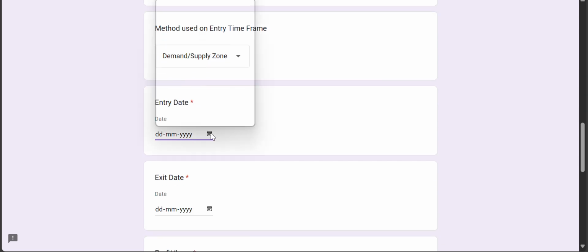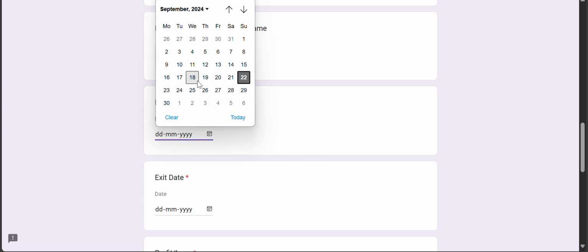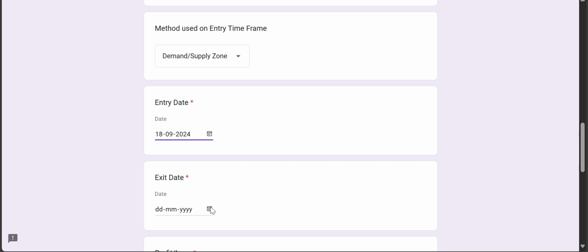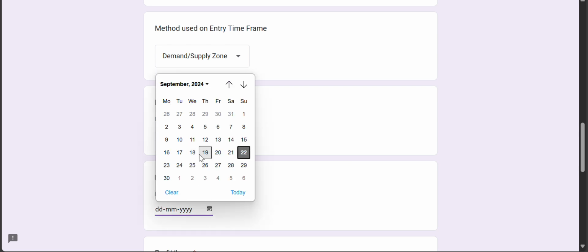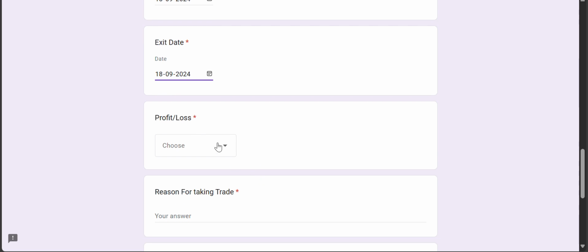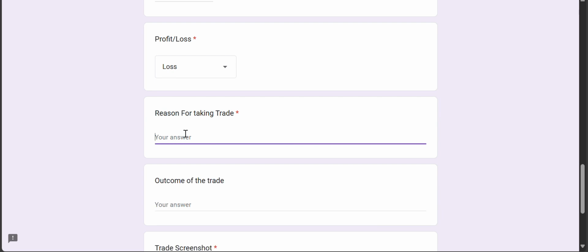At what time did I take the trade? It was on the 18th, and it ended on the 18th only. So profit and loss, it went into loss. Reason for taking the trade: price was coming down after taking liquidity from the weekly swing point.